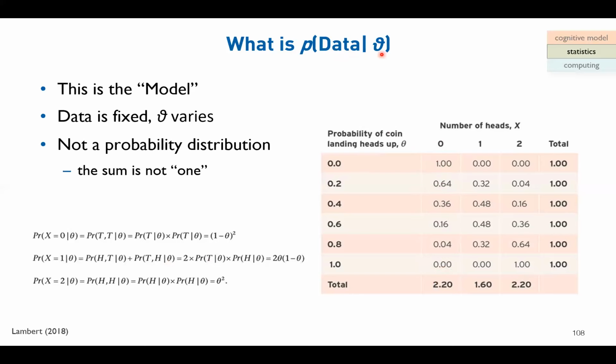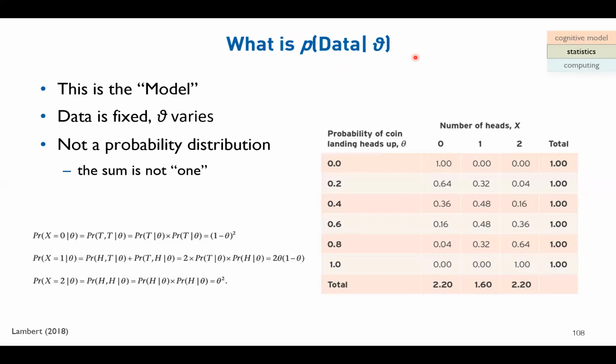The generic term is that there is theta 1, theta 2, theta 3, theta 4, until theta 6 in this case. The data part is fixed. So the generic term is P of the same data given theta 1, P of the same data given theta 2, P of the data given theta 3. The theta is changing, but the data is always fixed. We observe it, it's there, and it is fixed.